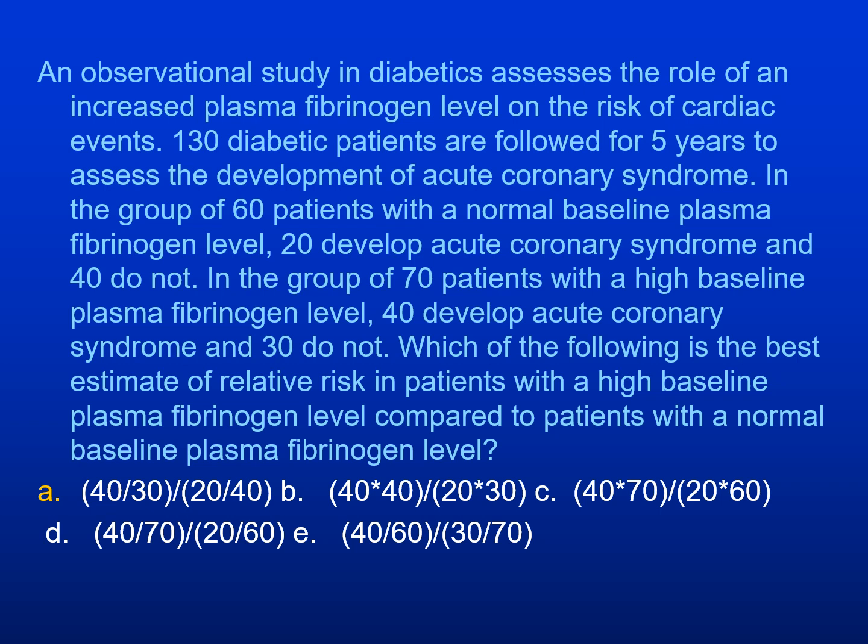In the group of 70 patients with a high baseline plasma fibrinogen level, 40 developed acute coronary syndrome and 30 did not. Which of the following is the best estimate of relative risk in patients with a high baseline plasma fibrinogen level compared to patients with a normal baseline plasma fibrinogen level?